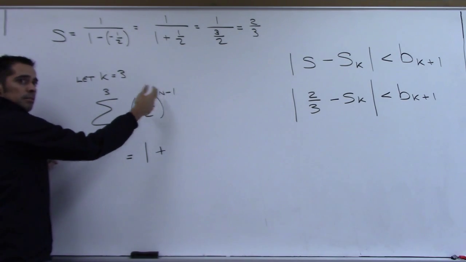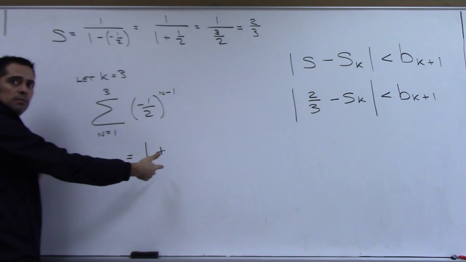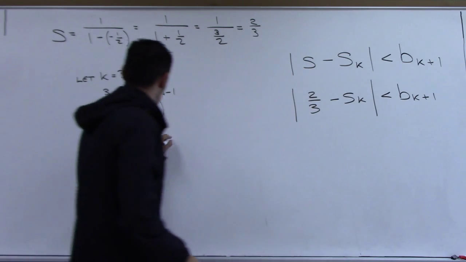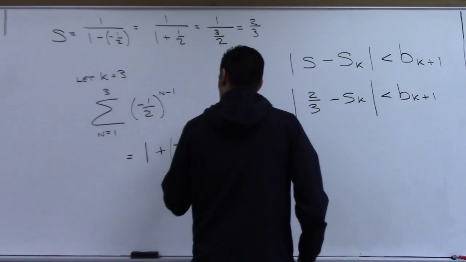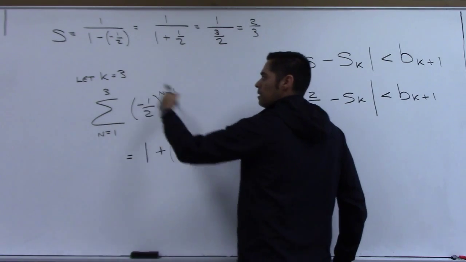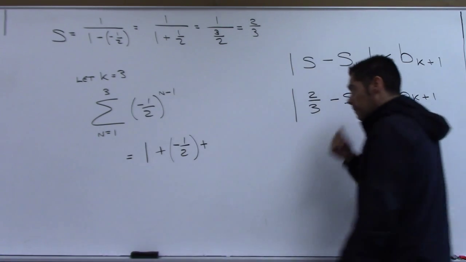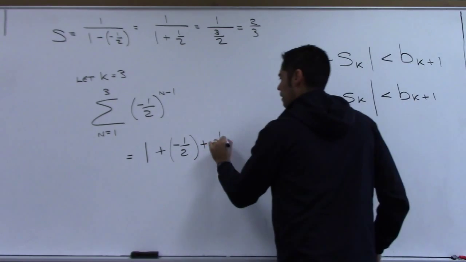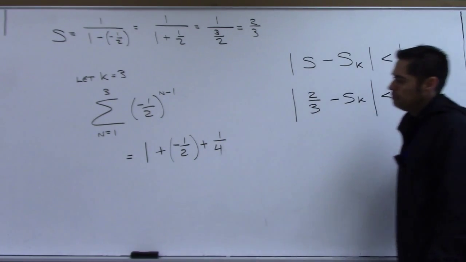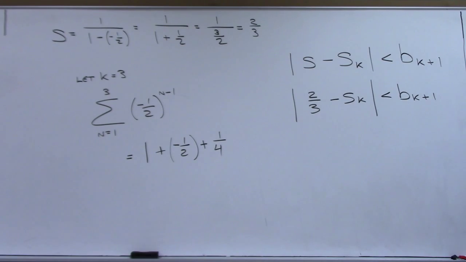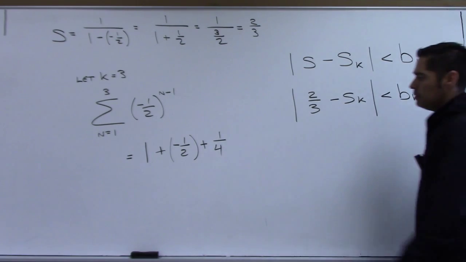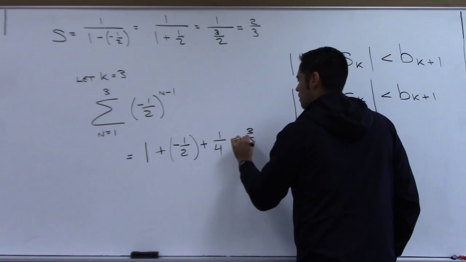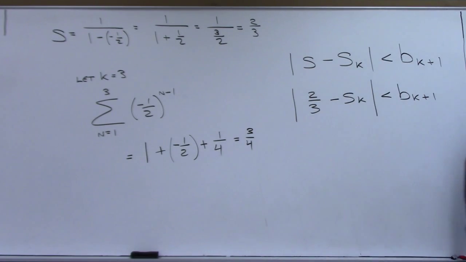Negative 1/2. And then plug in 3. What's negative 1/2 squared? 1/4. So let's add those up. What's 1 minus 1/2 plus 1/4? 3/4, right?